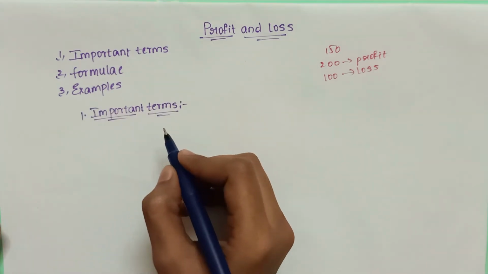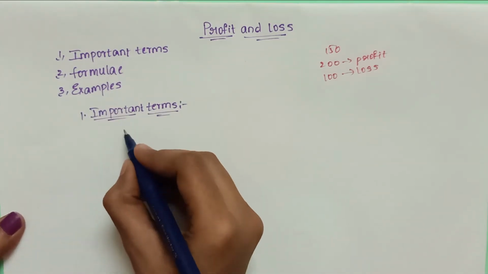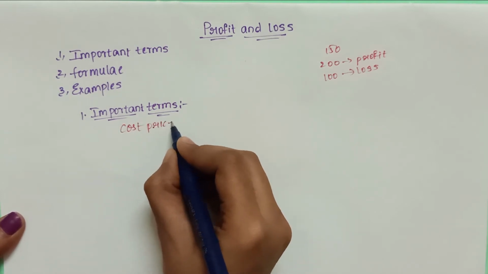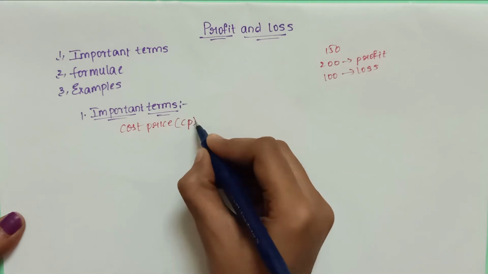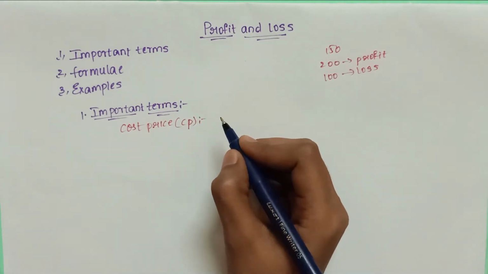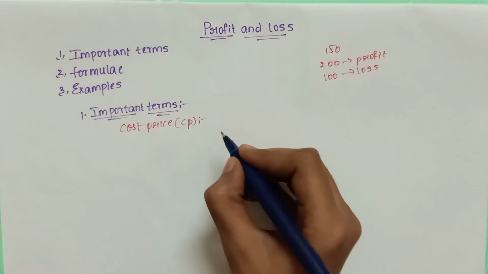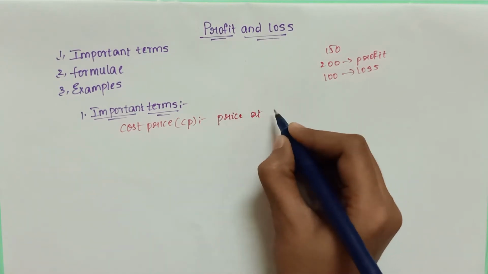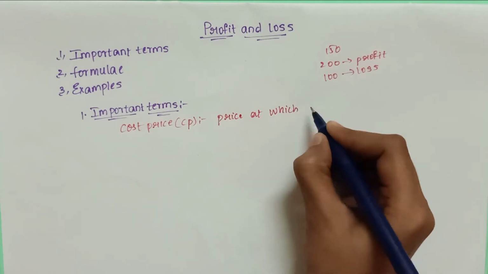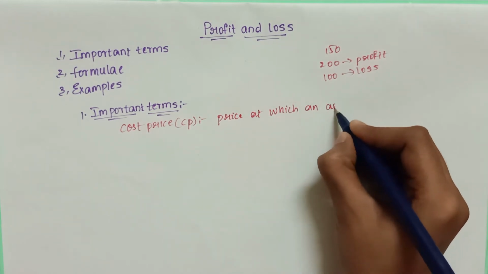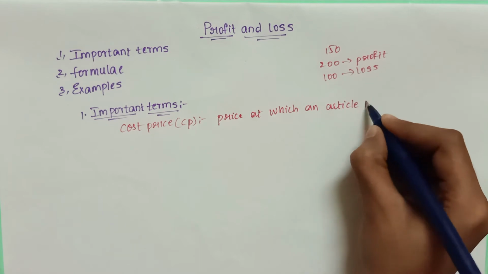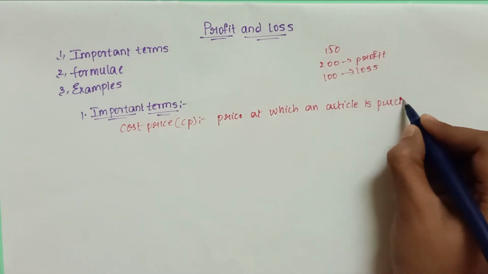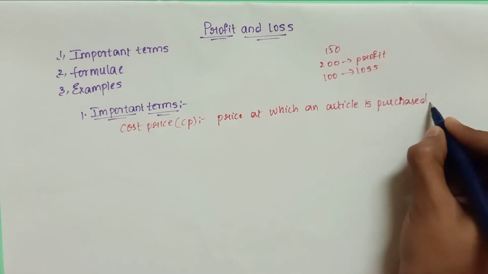First topic, important terms. Basically, we want to learn cost price, that means CP. A price at which an article is purchased.